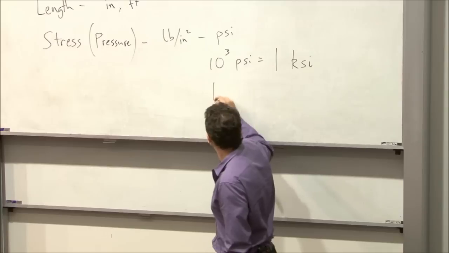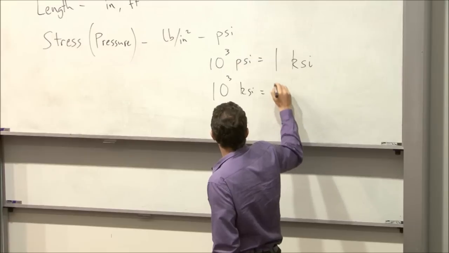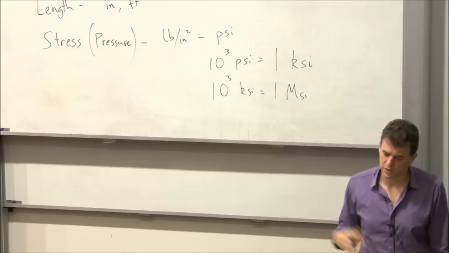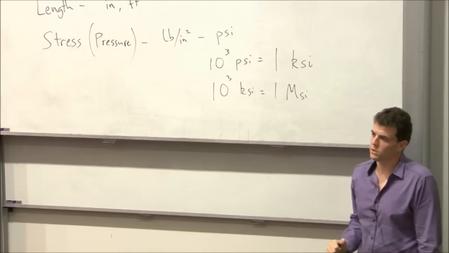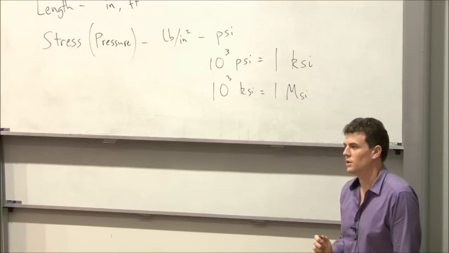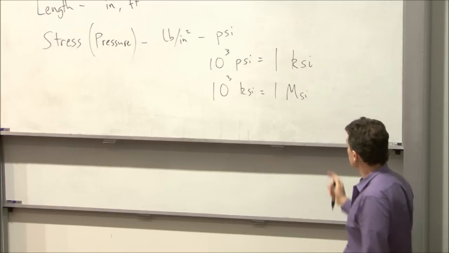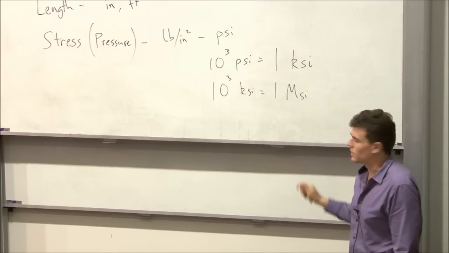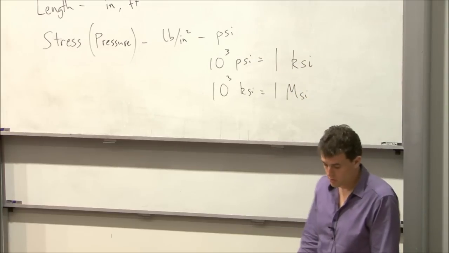And 10 to the 3 KSI is equal to 1 MSI. So it's the same set of K and M that you'd be expected to use in SI units. So when you see KSI, it's a kilopound per square inch, and the other name for a kilopound is a kip.